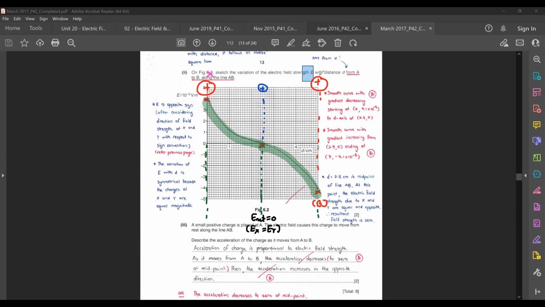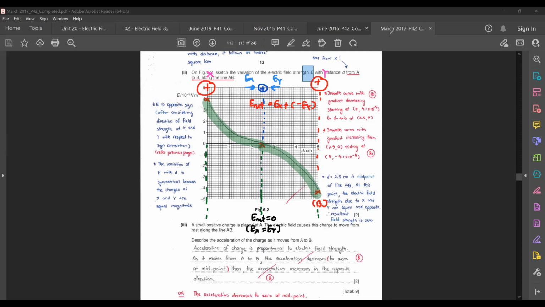If I put a positive test charge here, EX will be towards the right, EY will be towards the left. So that my E net, or EP or EA or whatever, would just be EX plus negative EY. So right at the center here, E net is 0 because EX equals EY.